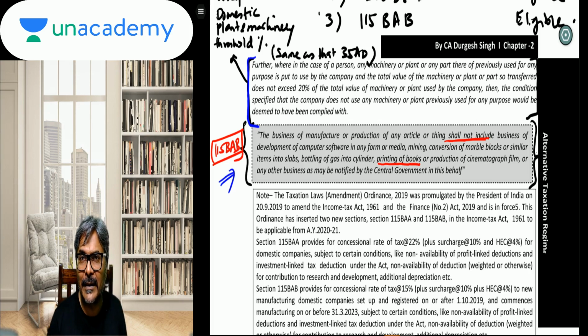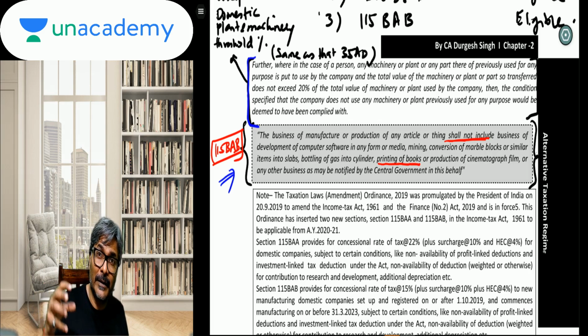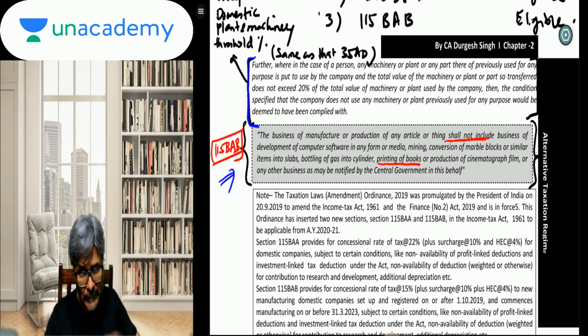So why I have underlined printing of the books? Because supposing Bharat Law House Private Limited. Now if they want to opt for 115BAB, although I must say to you that the printing of the books per se is a manufacturing activity, which for them they may get an additional depreciation as per the normal provision of the income tax law.